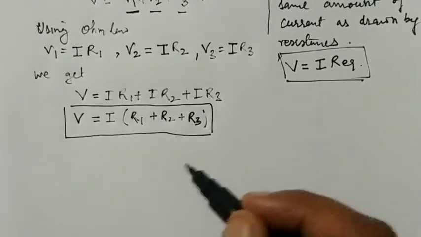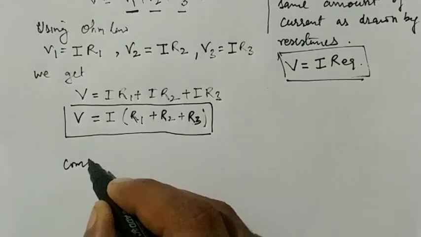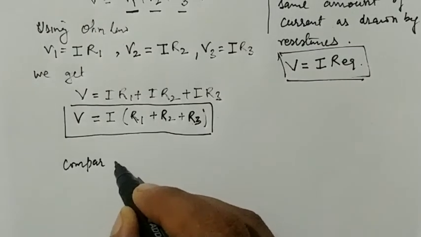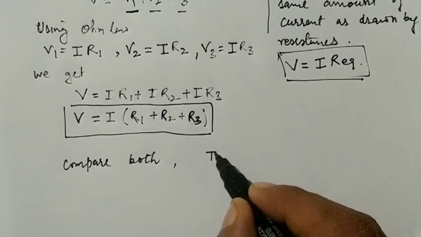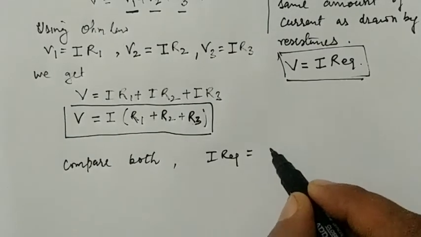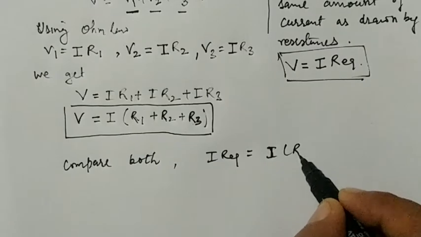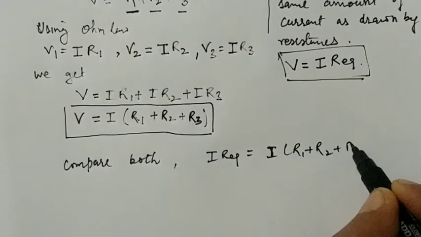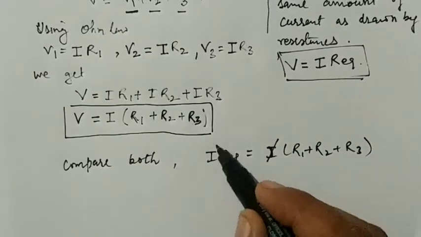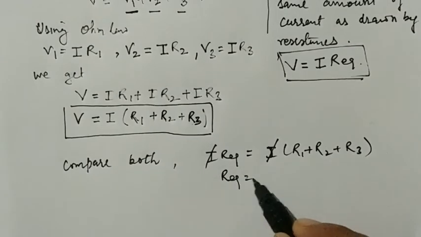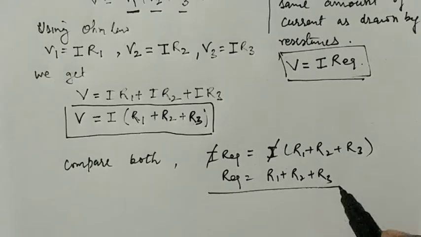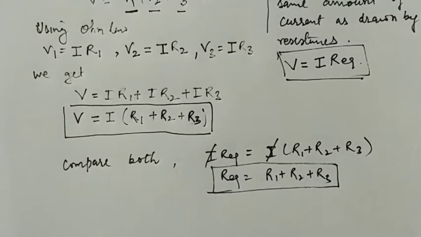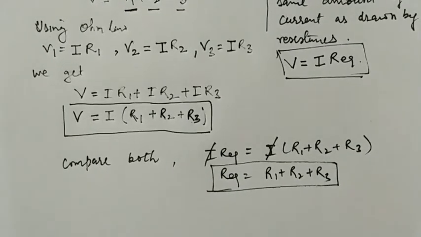If you compare both, we get I R equivalent is equal to I times R1 plus R2 plus R3. I cancels out, so R equivalent is equal to R1 plus R2 plus R3. So this is the equivalent resistance in series combination.